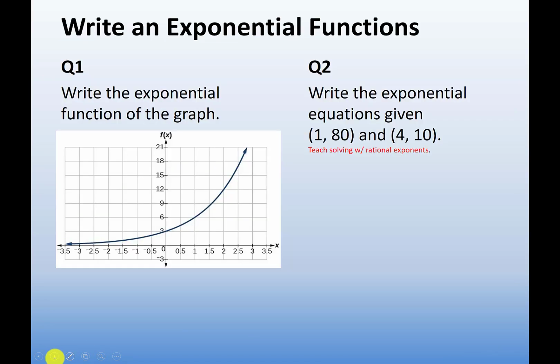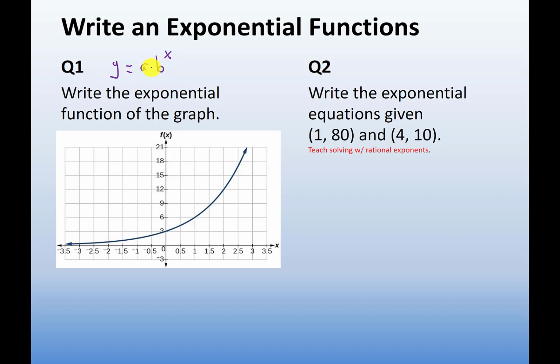Let's do some examples. Okay, so first, we are given a graph and we want an equation. And we're going to work with the exponential function in the form y equals a b to the x power.